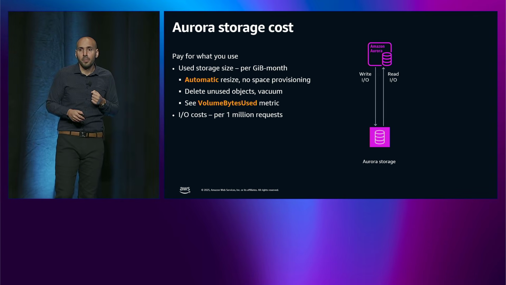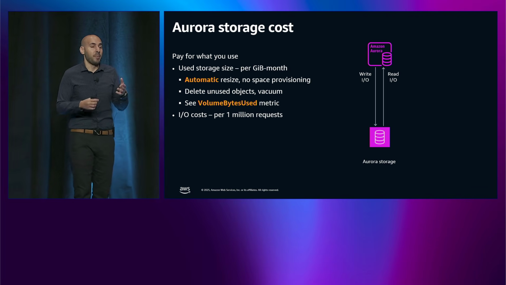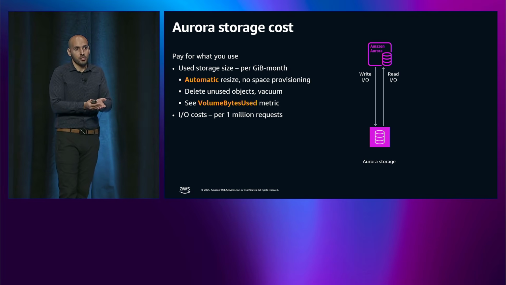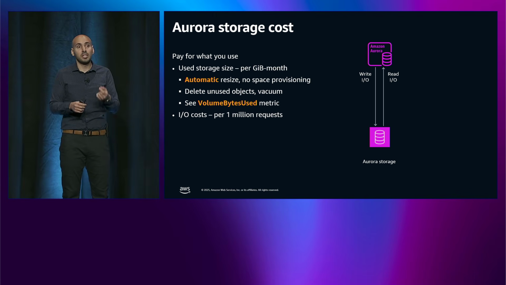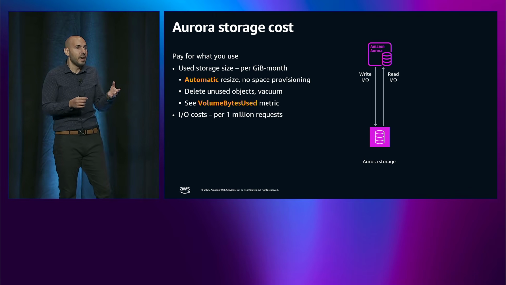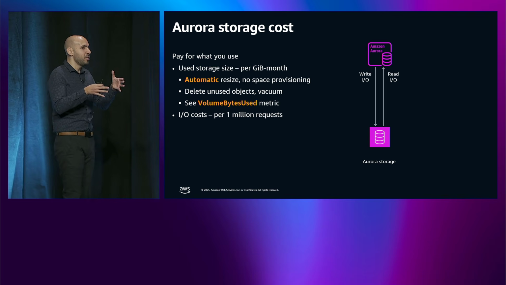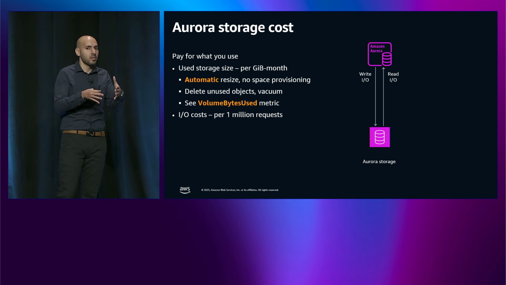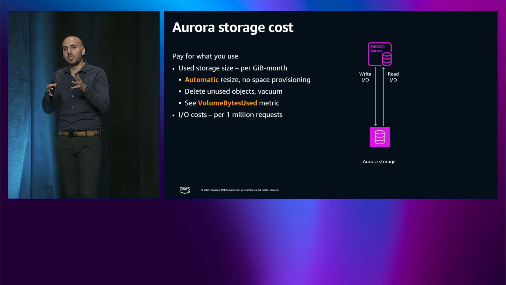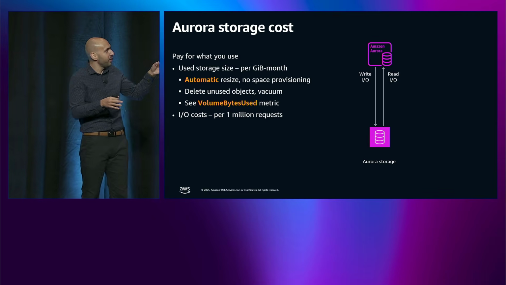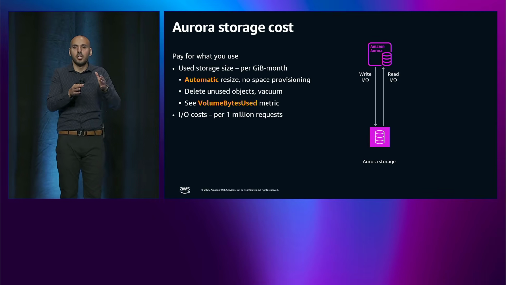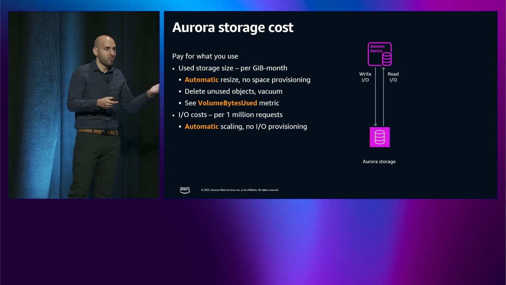In terms of I/O, we charge based on 1 million I/O operations. So every page read, whether it's MySQL or Postgres, is counted as one I/O. And for writes, because we don't write pages in Aurora, we actually write logs, we write in units of 4 kilobytes. So we chunk it into 4 kilobyte units. But in both cases, whether it's reads or writes, you are billed per 1 million I/O operations.